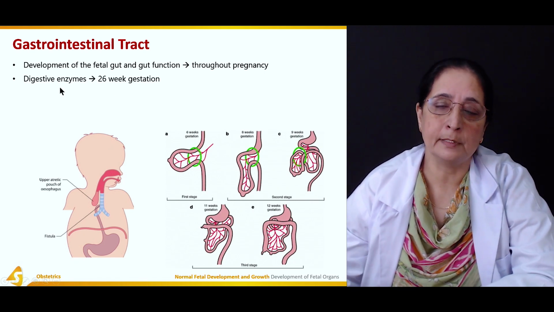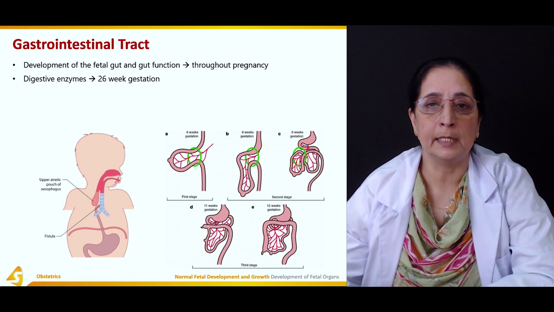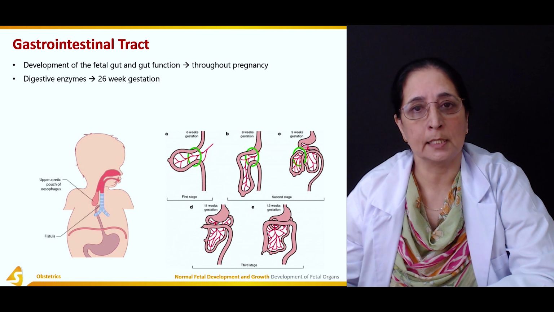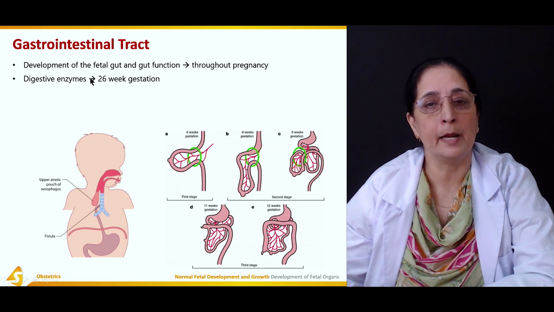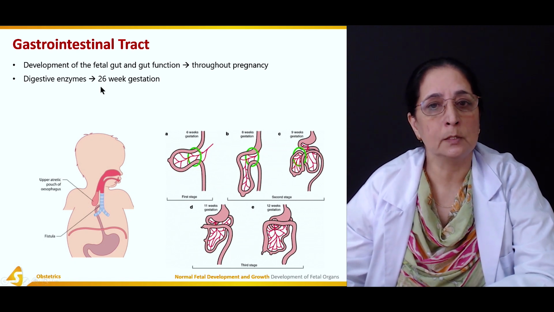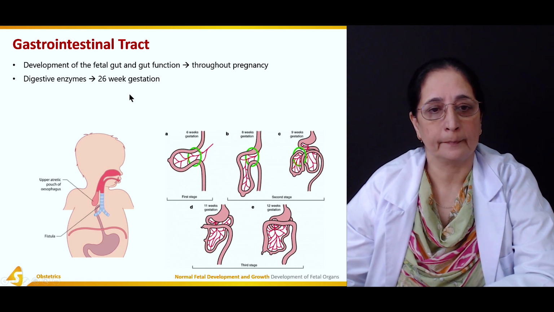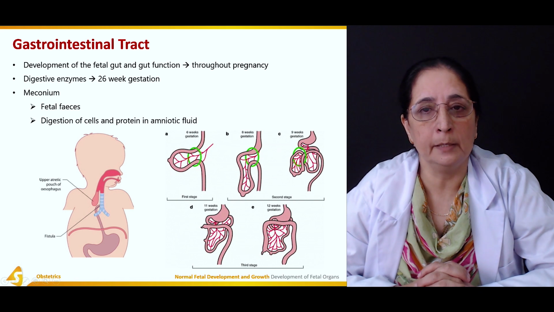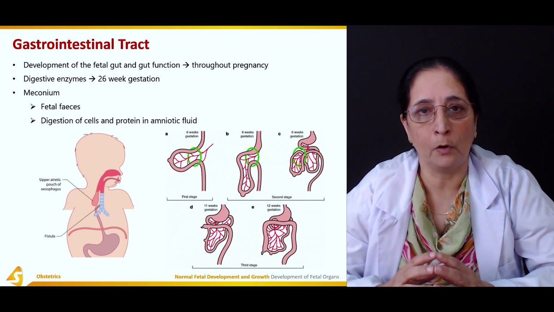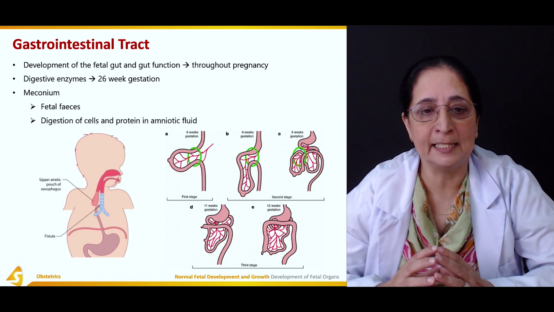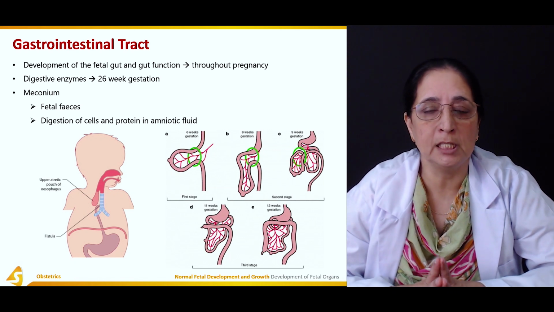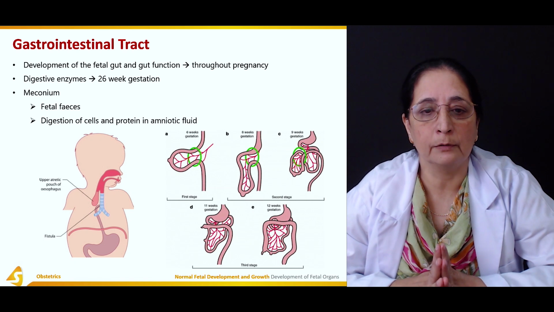Digestive enzymes, the enzymes that are responsible for the digestion process later on, are formed at about 26-week gestation. Then meconium. What's meconium? Meconium is the form of fetal feces and digestion of cells and protein in amniotic fluid.